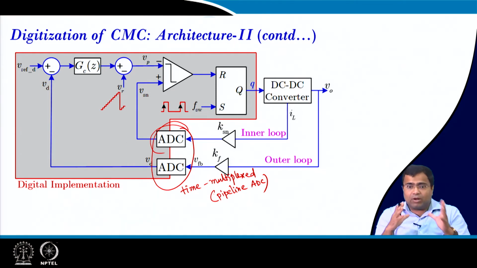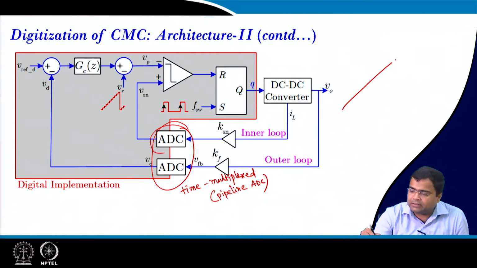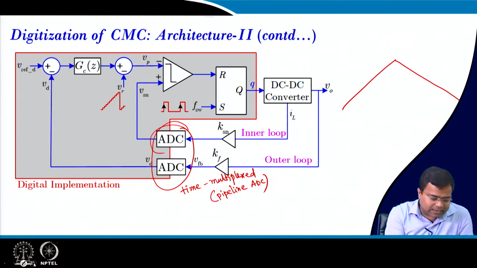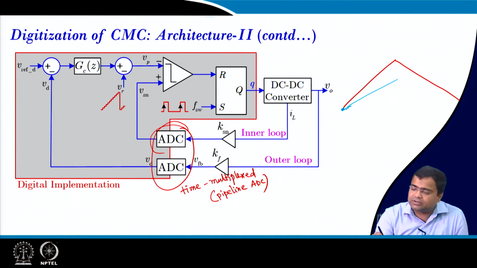instants. Once you do that, suppose this is my inductor current, and we will be discussing this, and suppose you capture this inductor current waveform. Then you can interpolate by means of a sawtooth waveform, which can be internal.